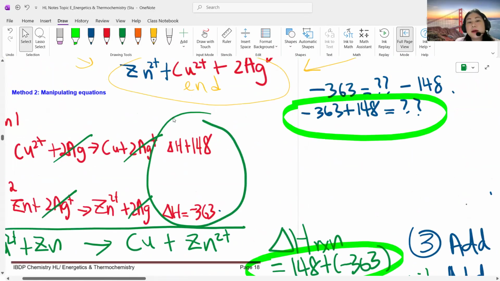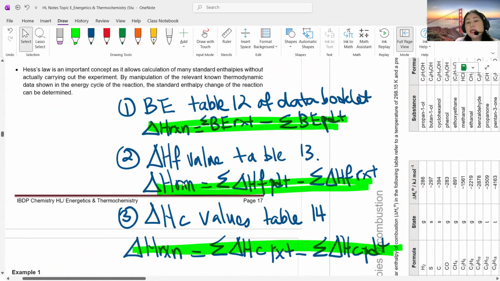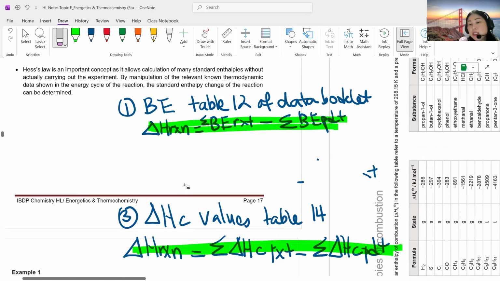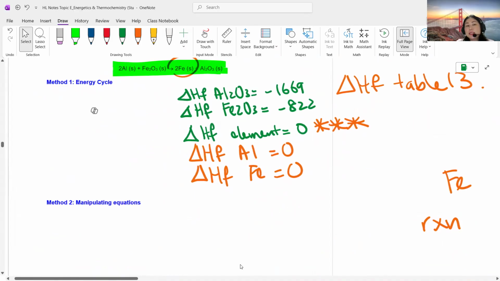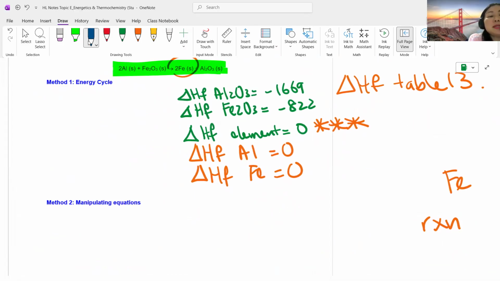So going back to the table, the mathematical formula for number 2. Can you remember this line? ΔH reaction is product minus reactant. For the method I'm using, ΔH reaction is equal to the formation of products minus the formation of reactants. So ΔH reaction equals product ΔHf minus reactant ΔHf.